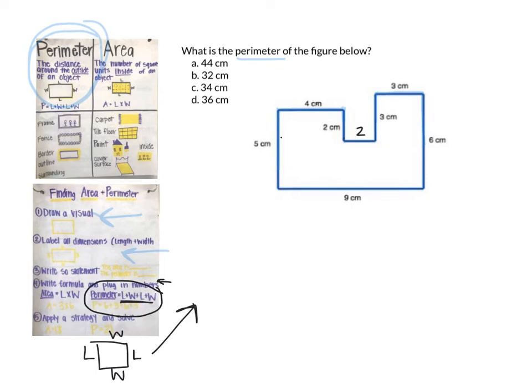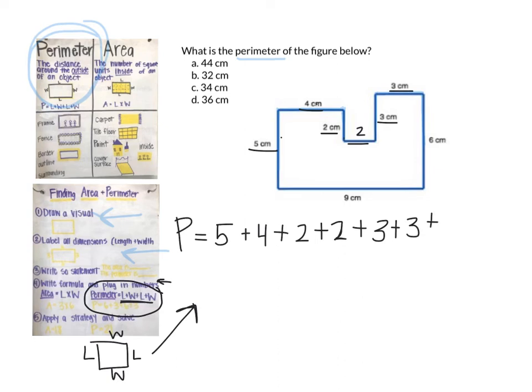Okay, so perimeter equals 5 plus 4 plus 2 plus 2 plus 3 plus 3 plus 6 plus 9.